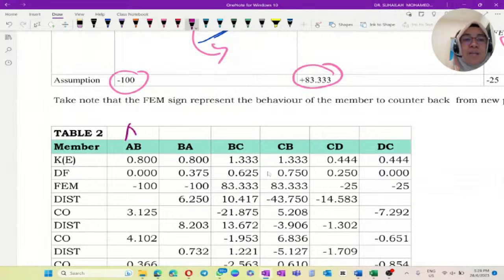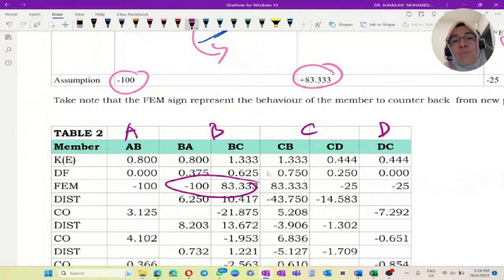So we have joint A, joint B, joint C, and joint D. For joint A, since the distribution factor is 0, we leave it like that. D is also fixed. So we focus on joint B and joint C, where we have to find the total joint moment.